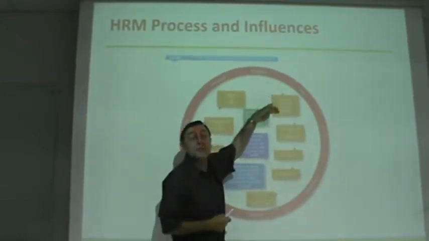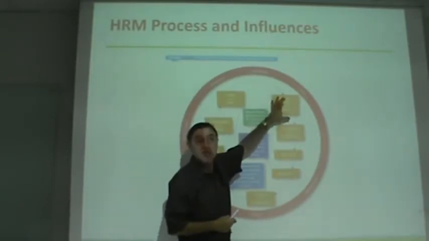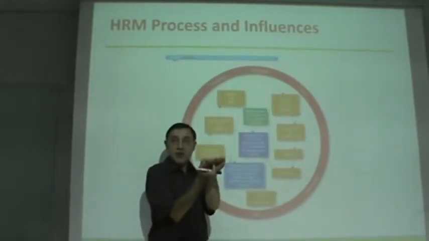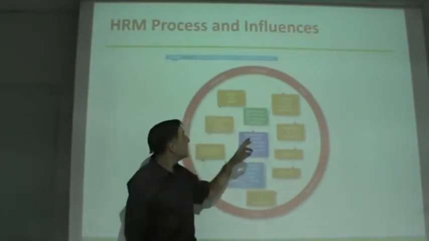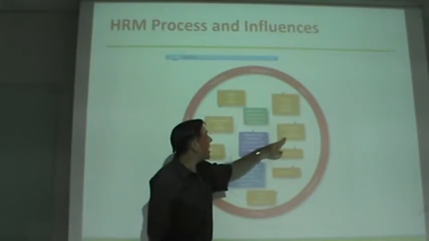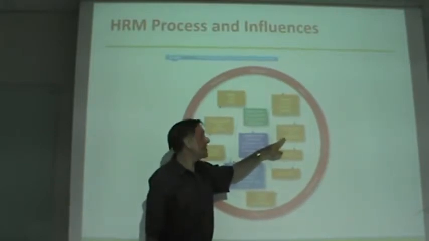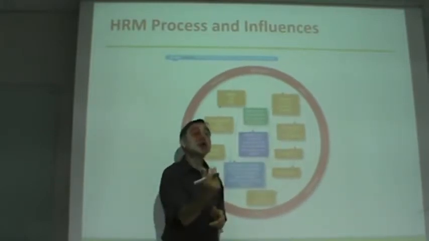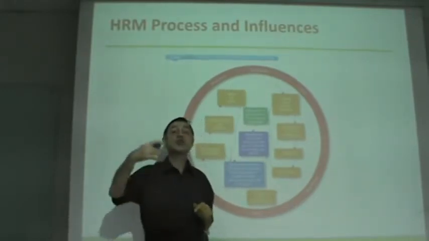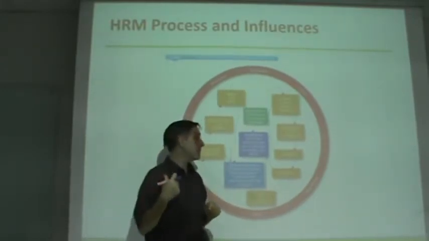Number 1, planning, and we discussed the planning. Planning basically is what workers you have and what you're going to need. Second step is recruitment and downsizing. In recruitment, you select people, how you actually are able to attract them.